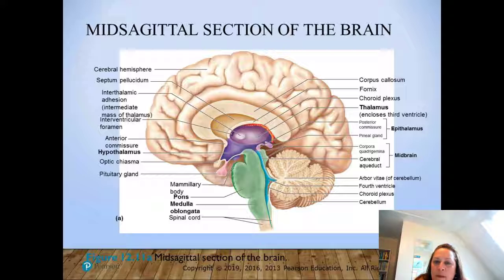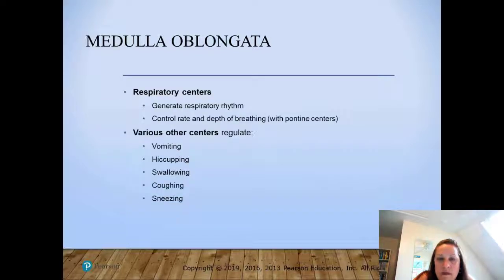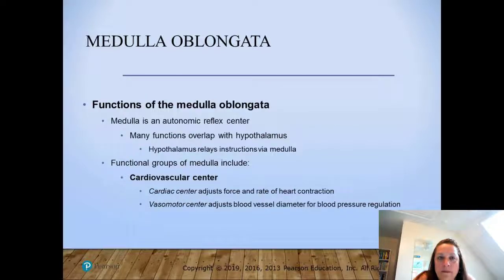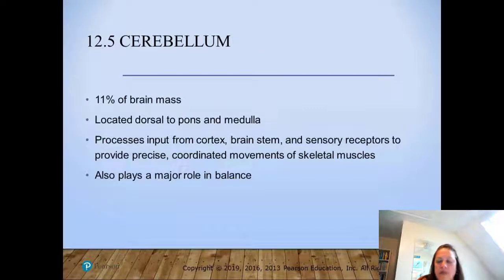And then the brain will be up there making decisions. The last little guy we're going to talk about is this little clump called the cerebellum. Oh, guess not. The medulla, sorry, cerebellum's next. Autonomic reflexes: heart contraction, blood vessel diameter, vomiting, swallowing, hiccup, coughing, sneezing. Things that we need to do to basically stay alive.